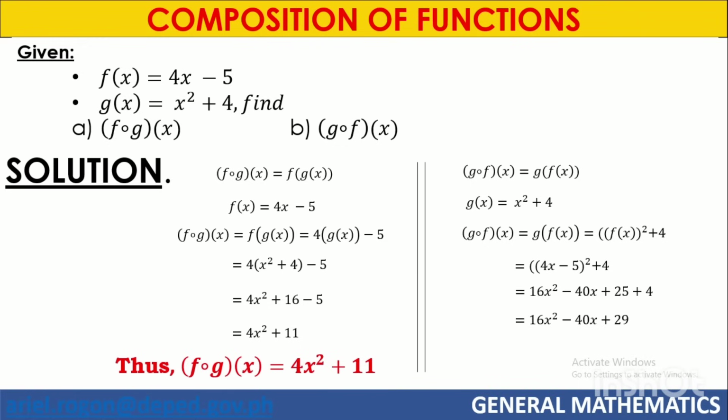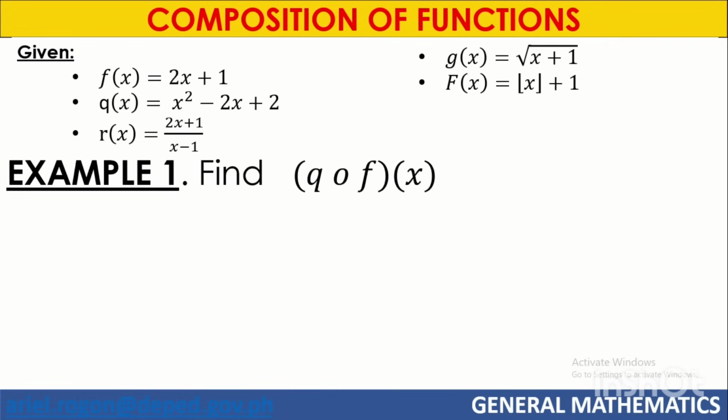The answer will be 16x squared minus 40x plus 29. Therefore, the composition of g with f of x is equal to 16x squared minus 40x plus 29. So, ganyan ang ginagawa sa composition of function. Okay, para mas matutunan pa, I'll give you more examples.